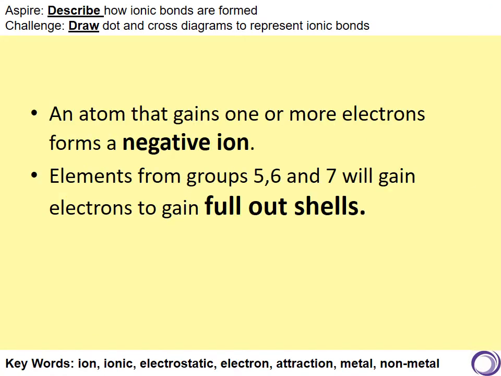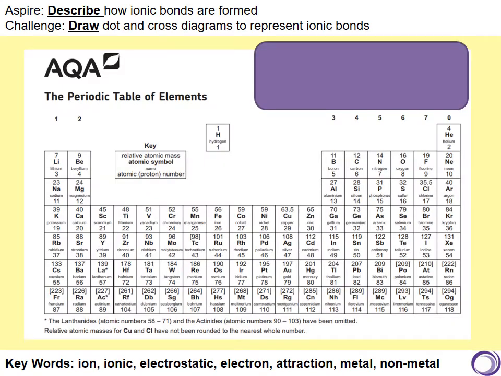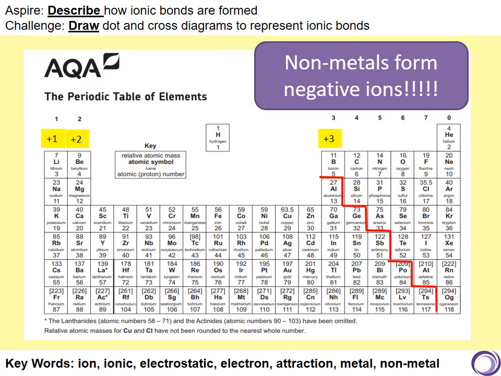An atom that gains 1 or more electrons forms a negative ion. It's gaining negativity. Elements from groups 5, 6 and 7 will gain electrons to get full outer shells. And if we go back to our periodic table, we can show our positive metal ions, and then non-metals form negative ions.